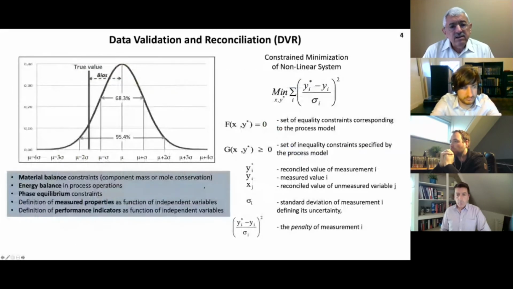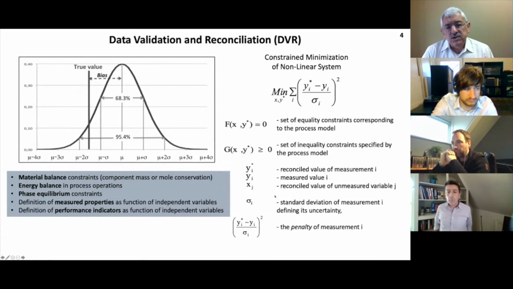So with that said, mathematically speaking, that translates into what we call the objective function that's being minimized here, where we have the reconciled value y and the measurement, normalized by the uncertainty of that measurement.